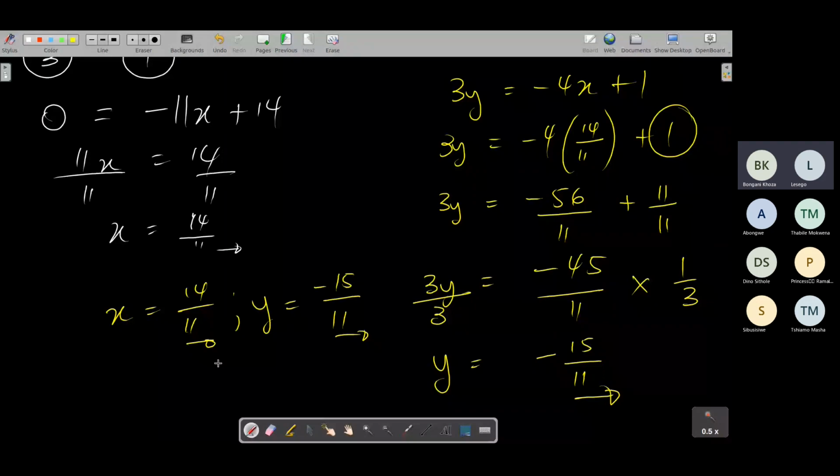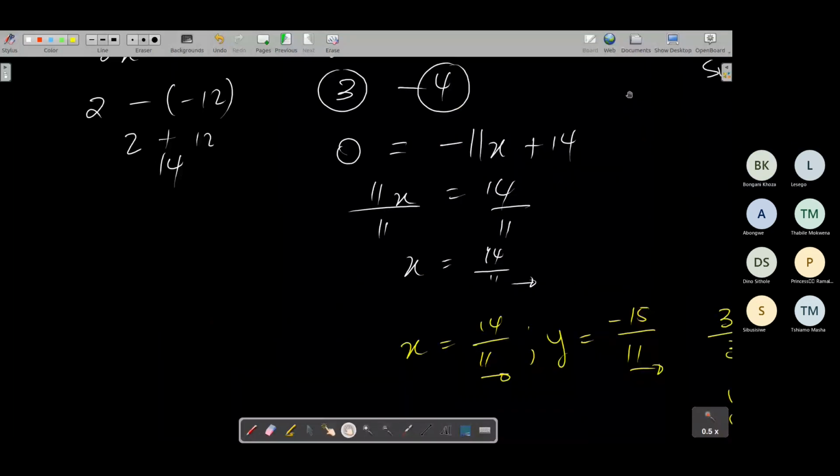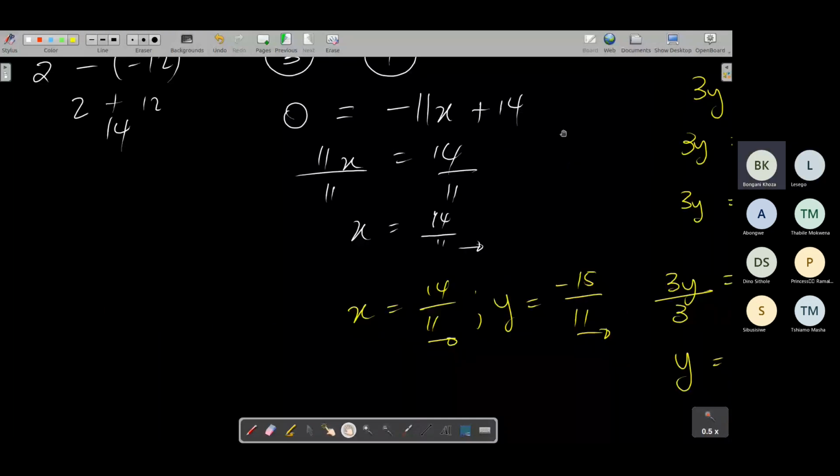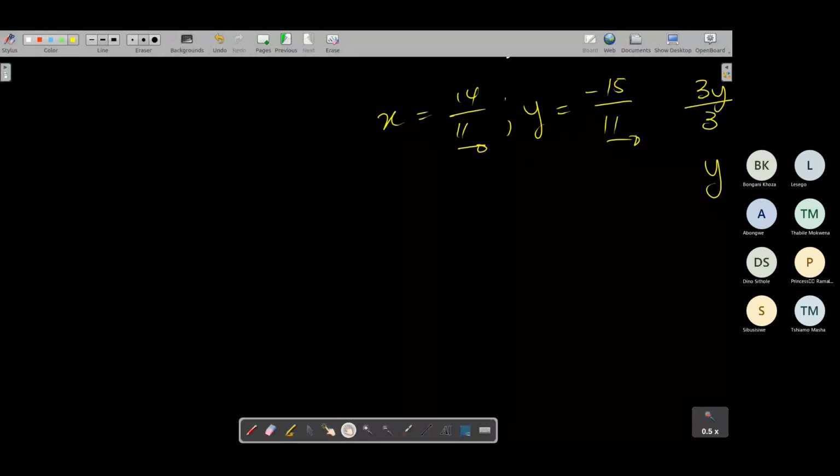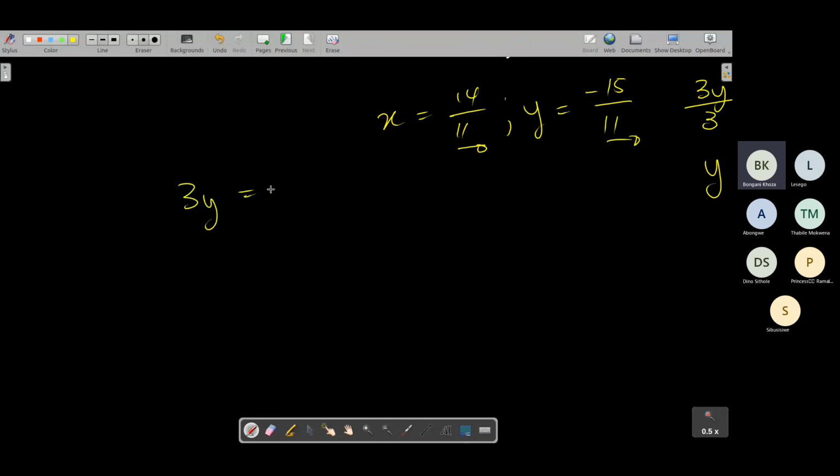Let's plug those answers into equation 1 and equation 2. What was our equation 1 and equation 2? Equation 1 was 3y equals negative 4x plus 1. You had 2y equals x minus 4, like that.